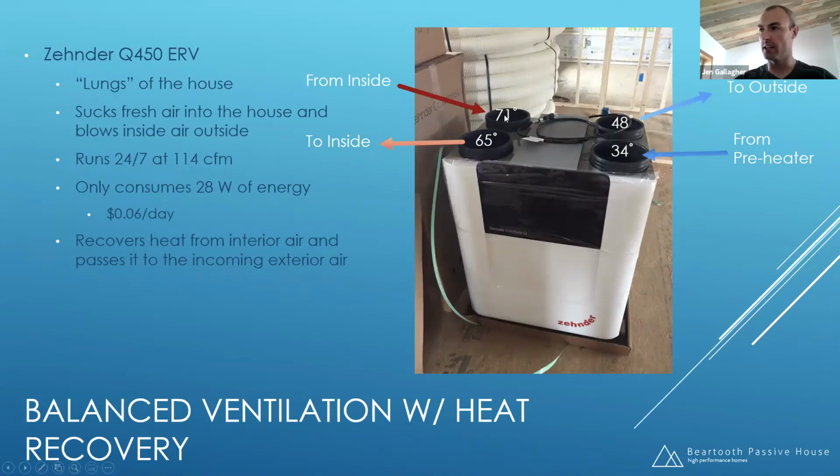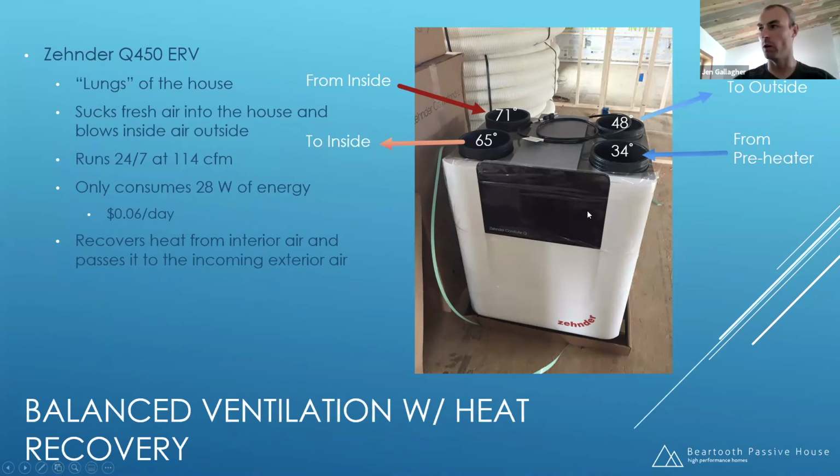So I'm taking the heat from the 71 degrees and passing it next to, not in, the same air stream. The air streams never touch each other, but they go through a heat exchanger inside this box, such that my 71-degree air warms up my 34-degree air to 65 degrees. And when that 71-degree air gets blown outside, it's 48 degrees.